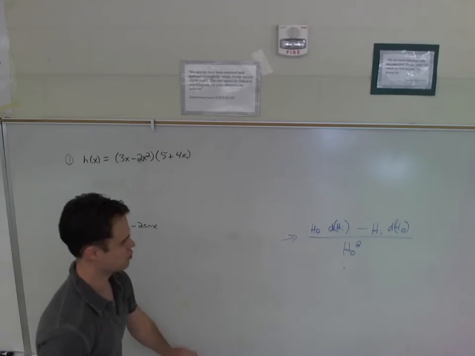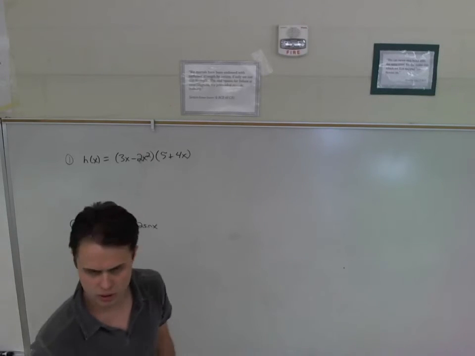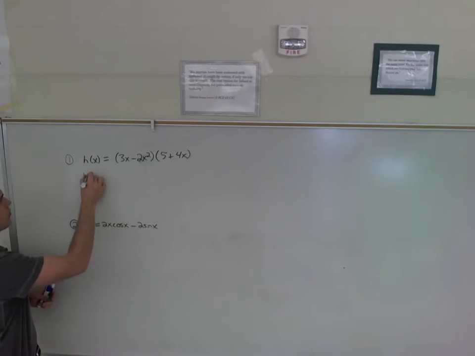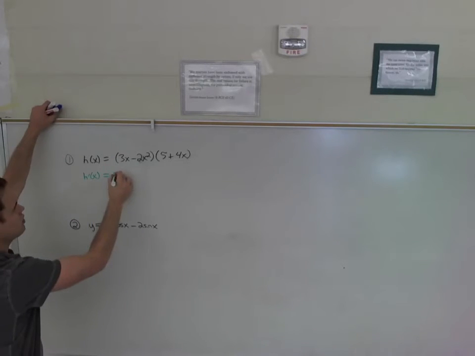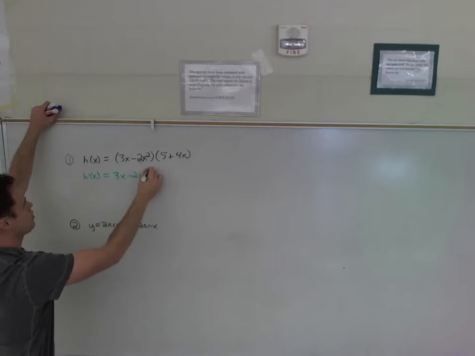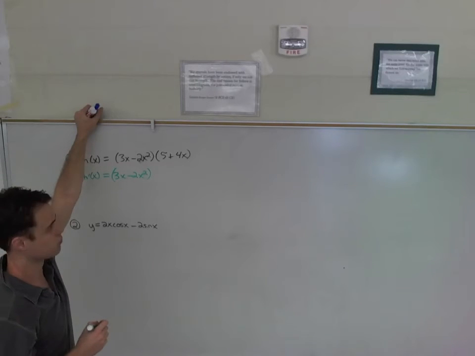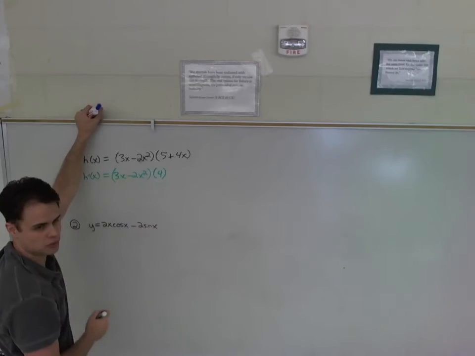Okay, let's do those two first. What do we need on those, product rule or quotient rule? What do you guys think? Product rule on the top. Okay, so let's do H prime. I'm going to take the first thing and multiply by the derivative of the second thing. What's the derivative of the second thing? 4. So 0 plus 4.